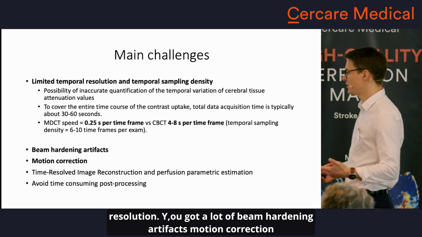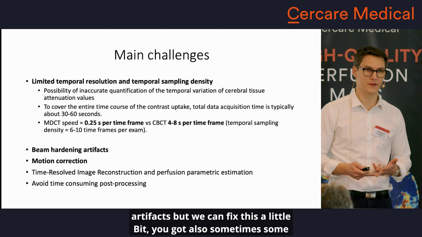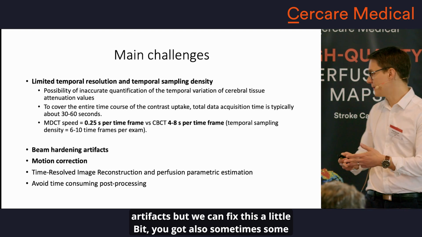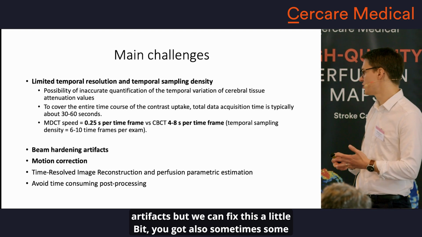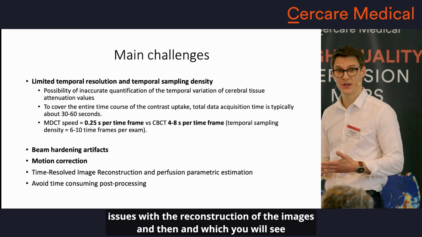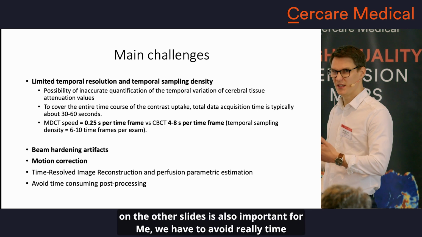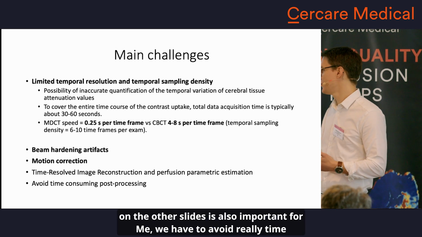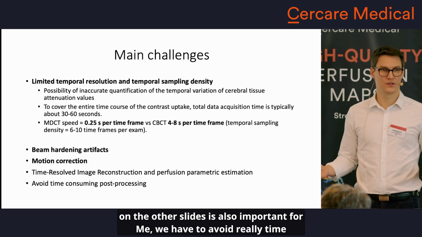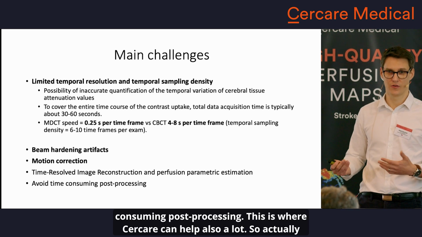You got a lot of beam hardening artifacts, motion correction artifacts where we can fix this a little bit. You got also sometimes some issues with the reconstruction of the images. And then, which you will see on the other slides is also important for me, we have to avoid really time-consuming post-processing. This is where Circare can help also a lot.